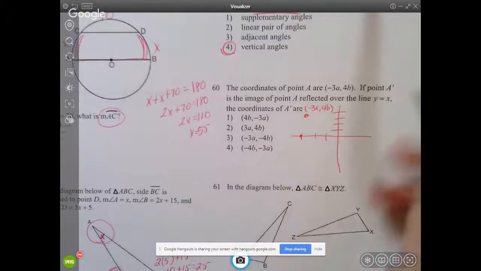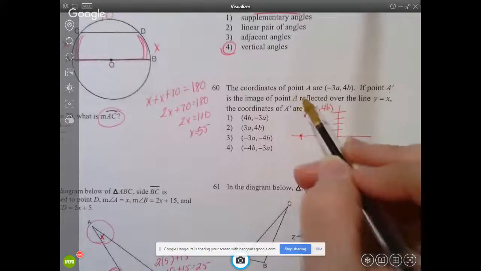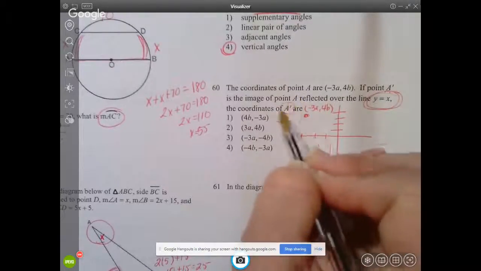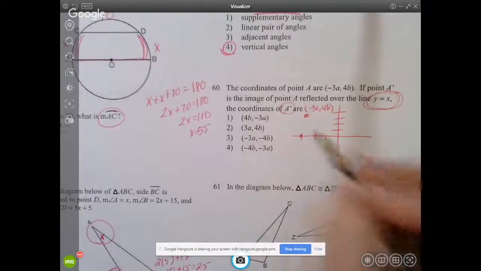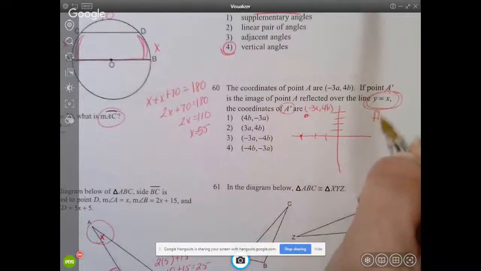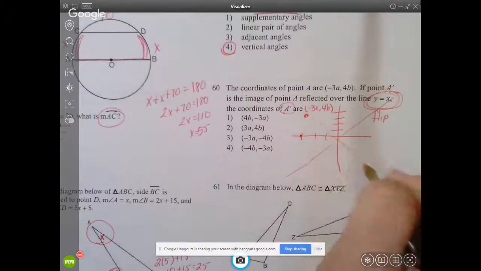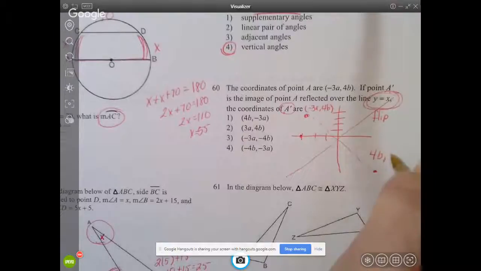It says if A prime is the image of point A reflected over y equals x, what are the coordinates? Well, y equals x. Remember, all we do is flip the x and y. So here would be my line. When we go over here, it would end up being down here. So we just switch it. So it would be 4b, negative 3a.